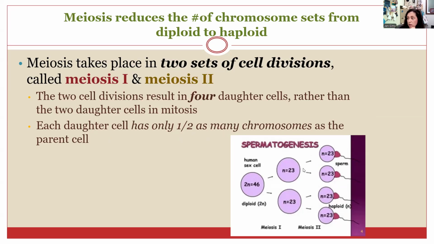Okay, so this is spermatogenesis, that means creation of sperm. If you look at that down here in the diagram, you start off with 2n 46, okay, and then you go to 23, you split once, and then you split again, and you end up with the haploid number, 23 in each one of them.